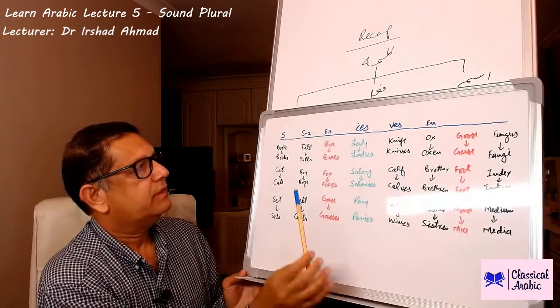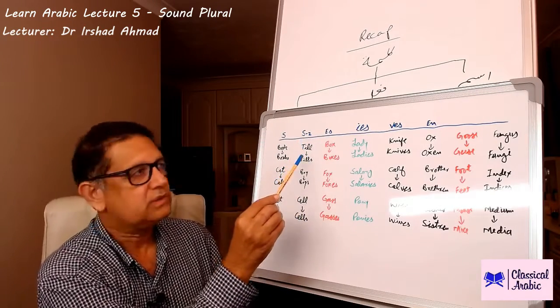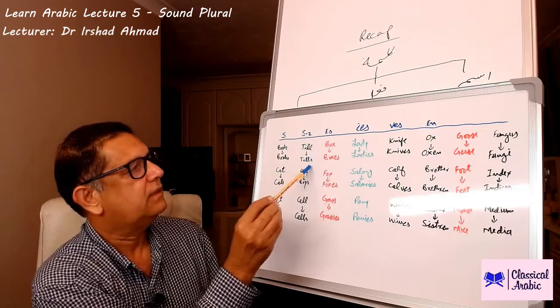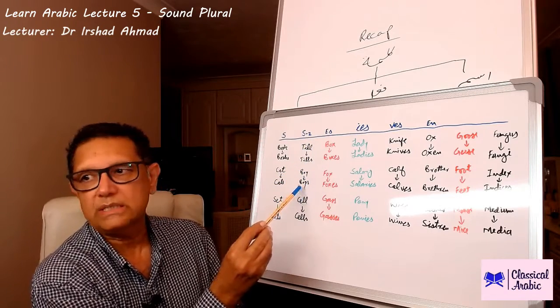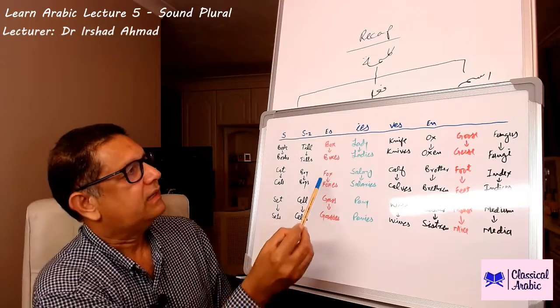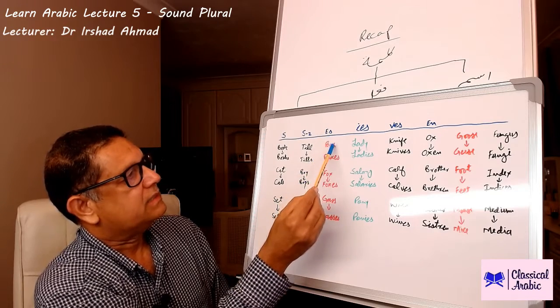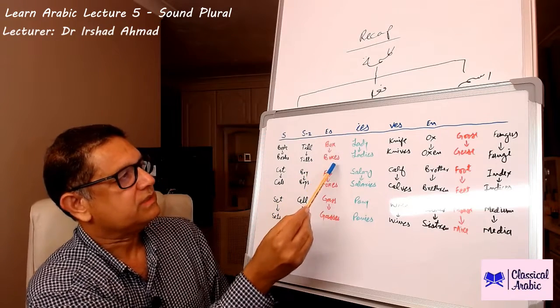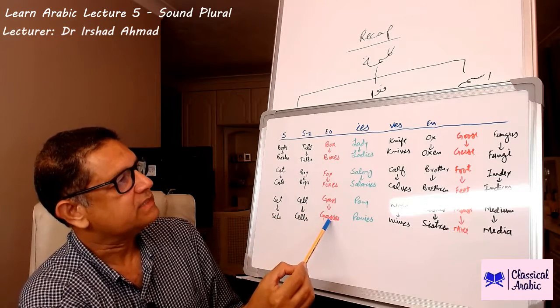And then there are other words where we add s but it sounds like z, like till, tills, boy, boys, cell, cells. And then in others we add es at the end. Box becomes boxes, fox, foxes, grass, gases.